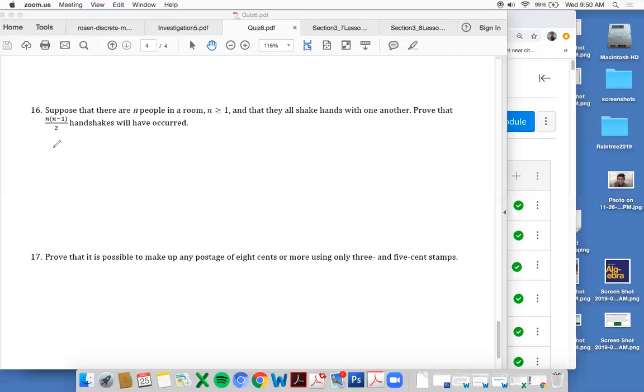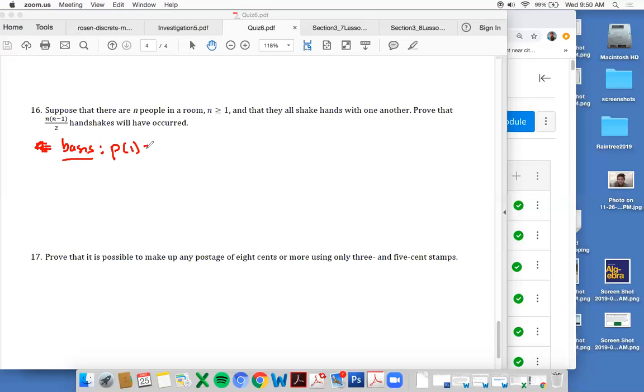All right, so this is the handshake problem that we basically saw on the first day of class. So we want to look at how the handshakes are occurring. The basis case is P1.